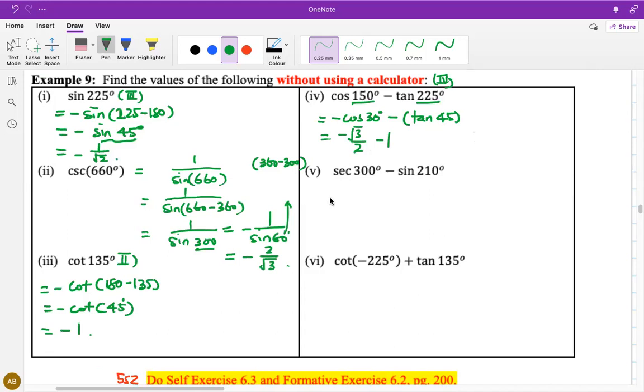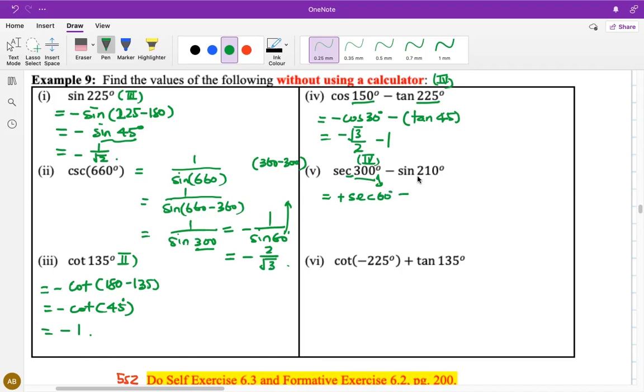All right, secant 300, cos is positive, secant 60 degrees. This is in quadrant number 4, so the reference angle is 60.